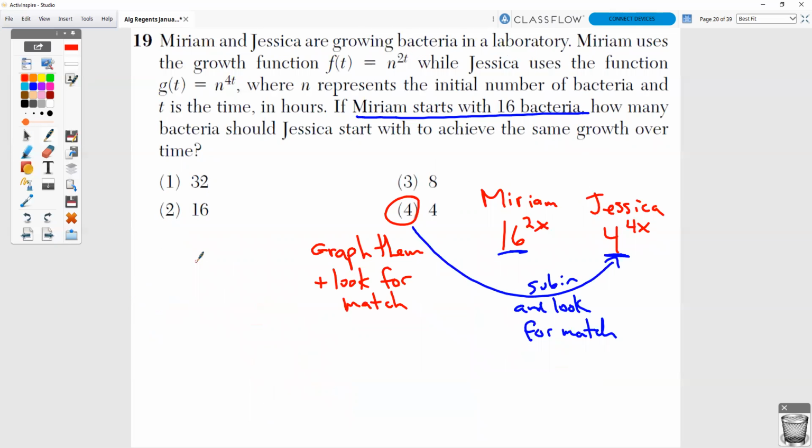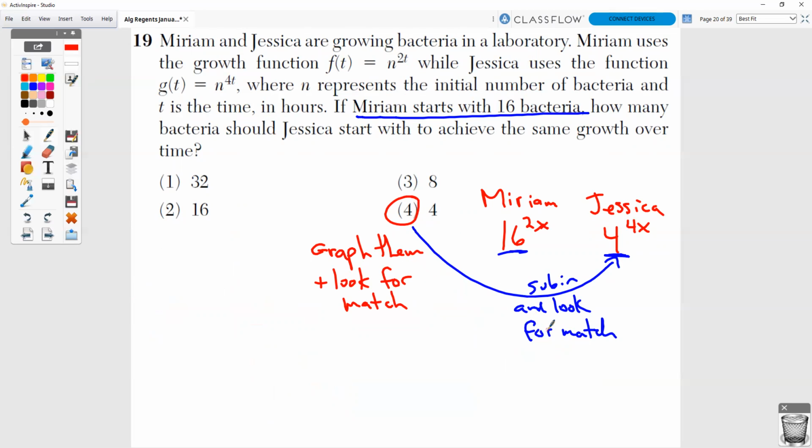In question number 19, Miriam and Jessica are growing bacteria. Miriam uses this formula, Jessica uses this formula, where N represents the initial number of bacteria and T is the time in hours. If Miriam starts with 16 bacteria, how many should Jessica start with to achieve the same growth over the same time?